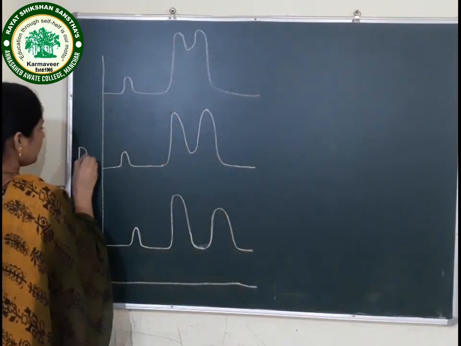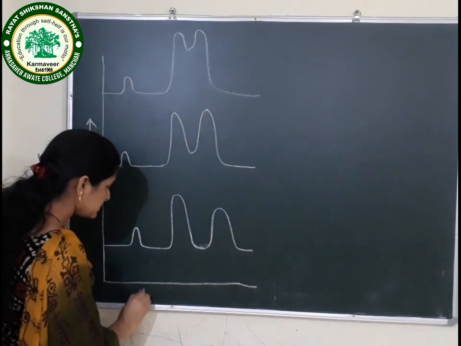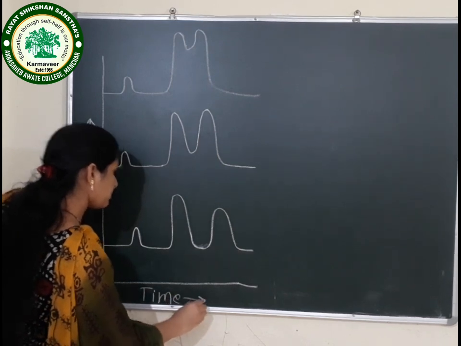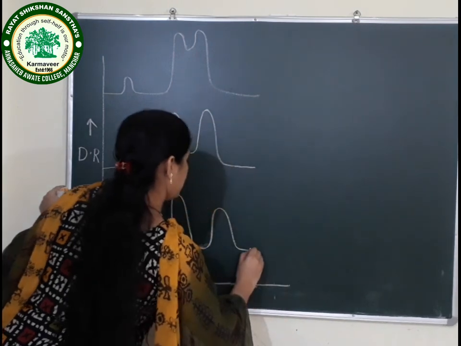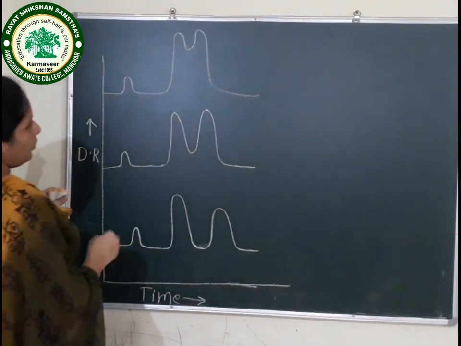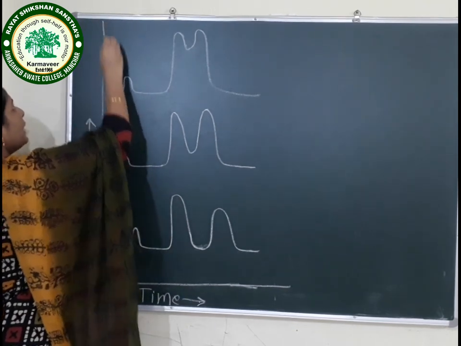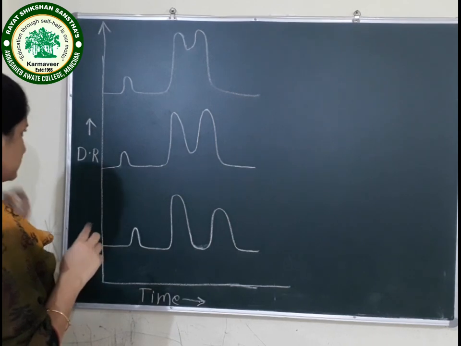This is the detector response versus time. Now I have drawn 3 graphs on one line so that we can compare these 3 graphs easily.